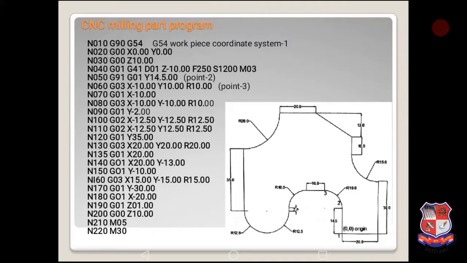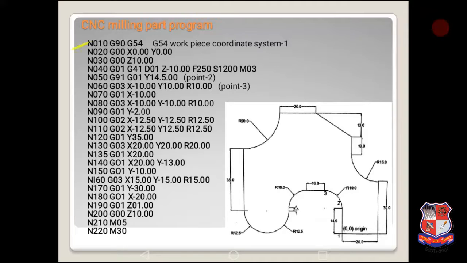If we use the G42 command, that will be wrong, because the movement of the cutter must be from point 1 to 2 to 3. So we use the G41 command for the radius compensation in left.